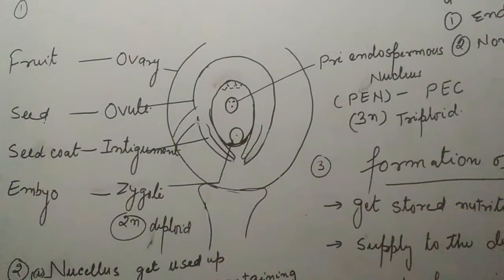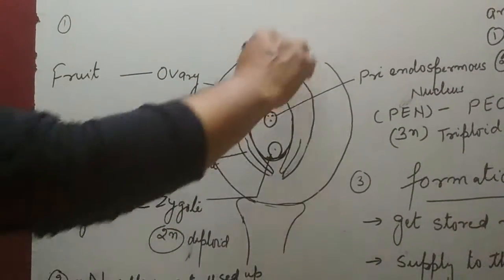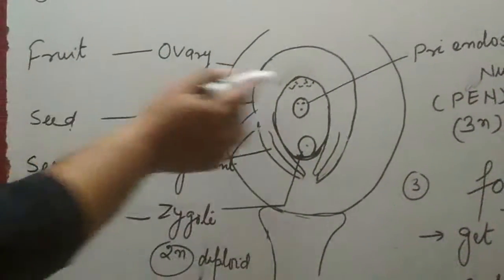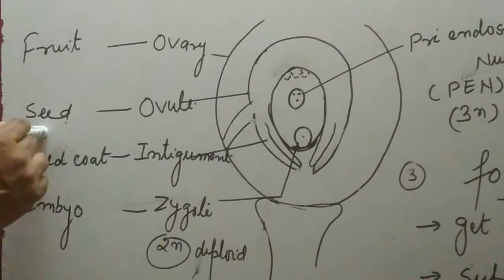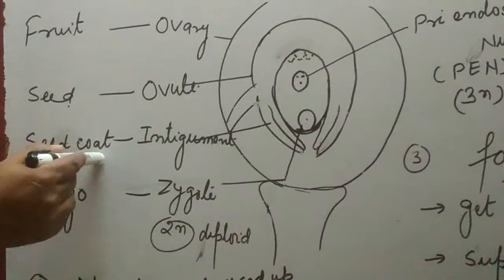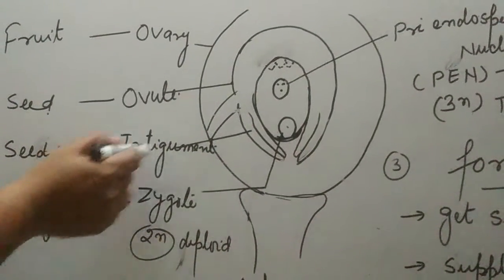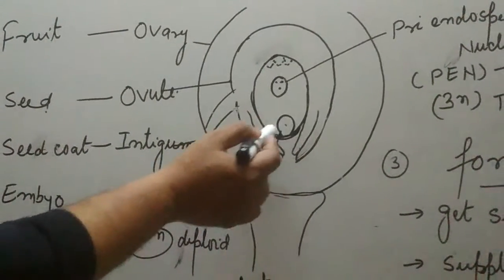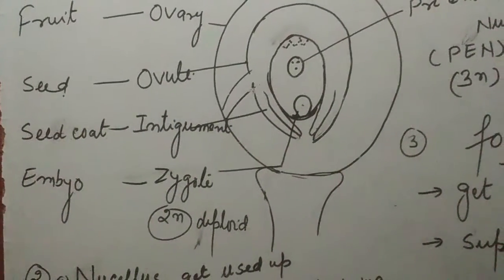The first change: the ovary is the swollen part of the carpel, and the ovary is converted into fruit. This one is the ovule. The ovule is converted into seed, and the integument is converted into seed coat. There are two integuments. In angiosperms, the integuments are converted into seed coat, and the zygote, which is diploid in number, is converted into embryo.